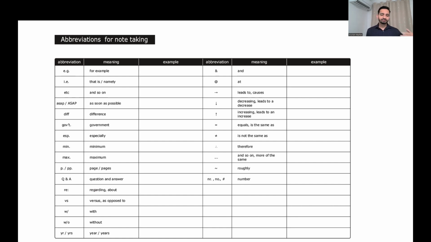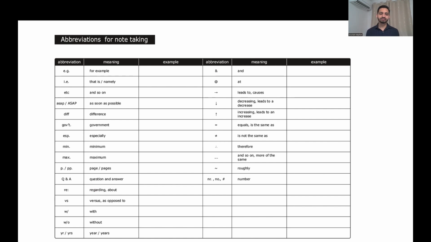So if it gives you an example, you can just write EG. That's an example. It's quite quick. You don't have to write for example. That is, or namely, if it's giving you more information, you can just write IE. That means that is. ETC, it's so on, etc., etc. ASAP, as soon as possible. Difference, just write diff instead of difference. Government, you can just write GOVT.